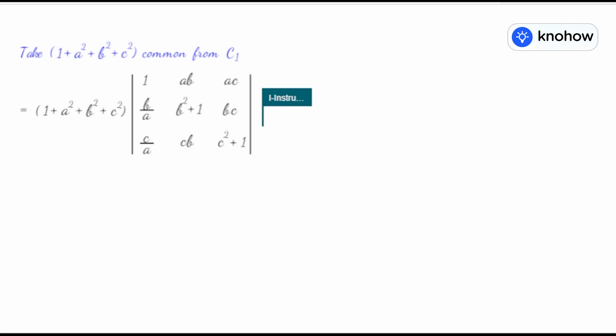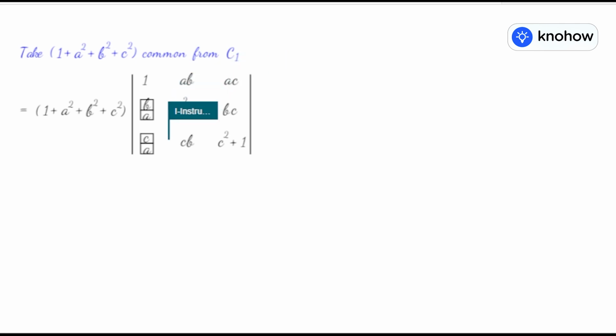What do you find now? From column 1, you take 1 by a common. Because 1 by a is there in two places, so when you take 1 by a common from 1, that will make it a.